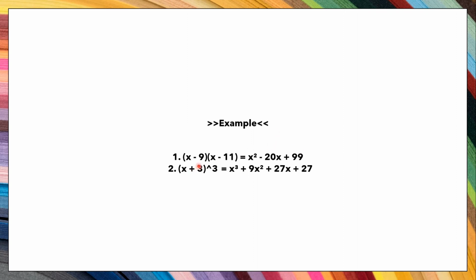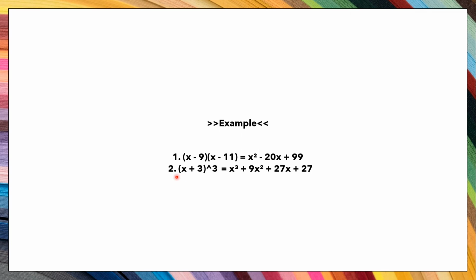And for here, negative 9 times x equals negative 9x. So negative 11x plus negative 9x equals negative 20x. And for the last, negative 9 times negative 11 equals positive 99. So the final answer is x squared minus 20x plus 99.